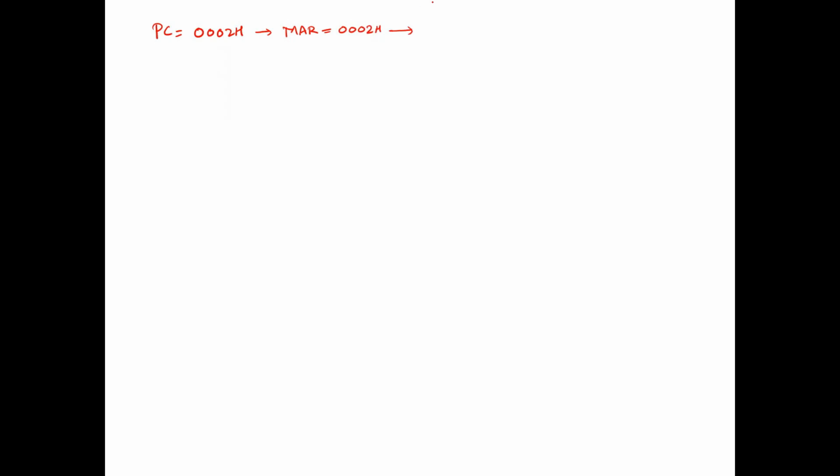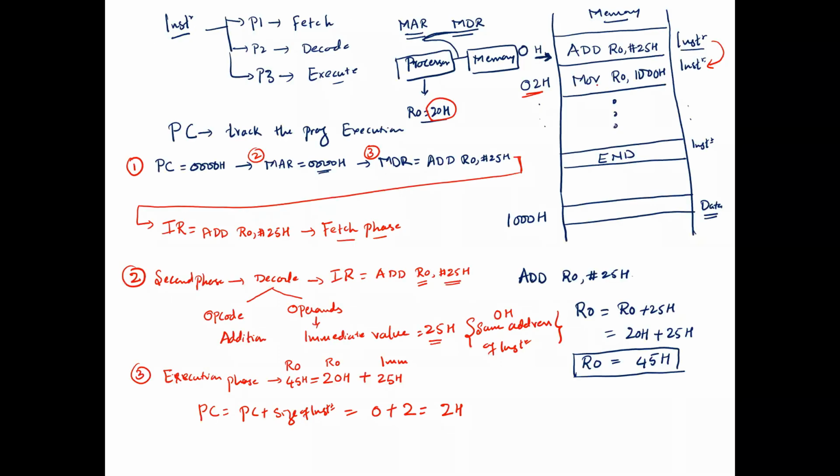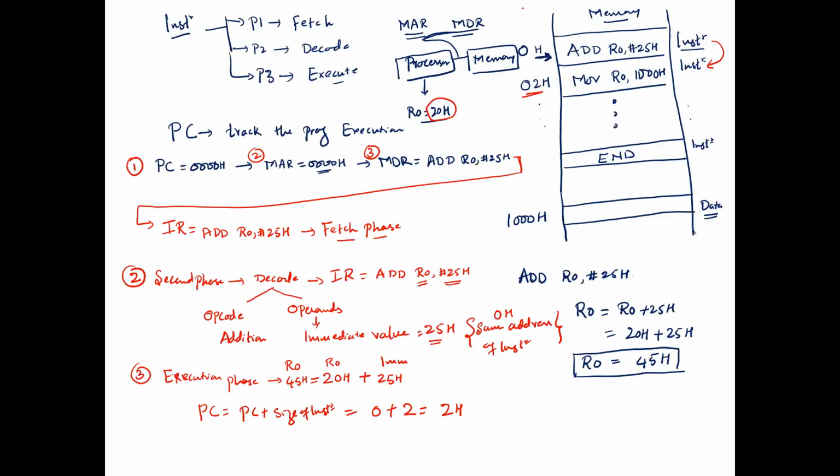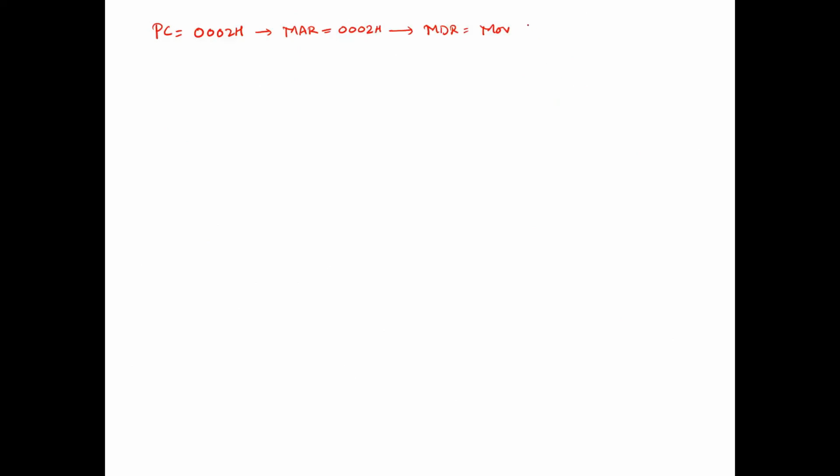At 2H, again an instruction is there. That will be retrieved in MDR. What was that instruction? Move R0 comma 1000H. It will be put into IR. That is move R0 comma 1000H.